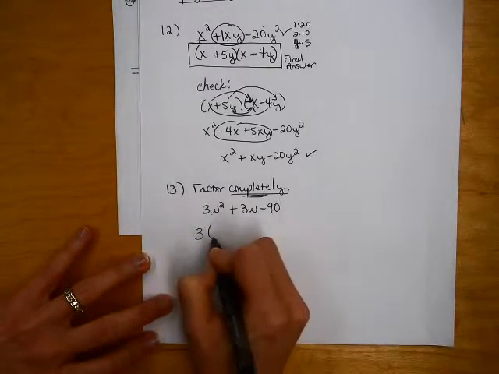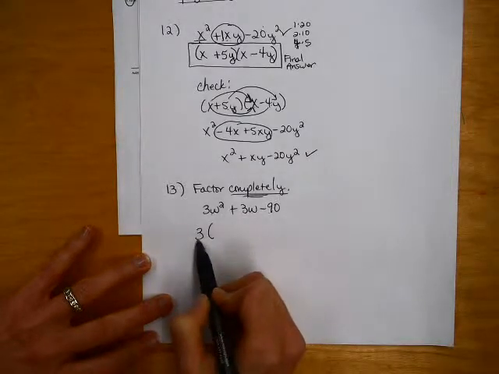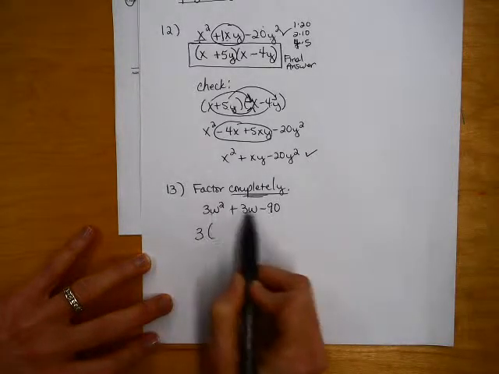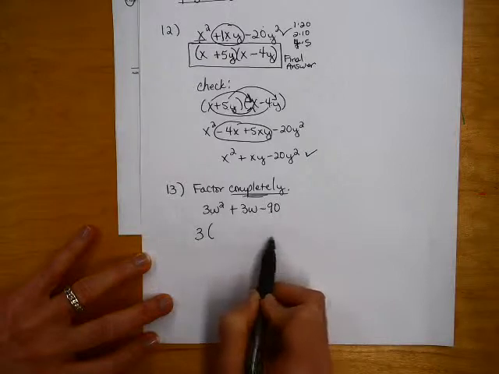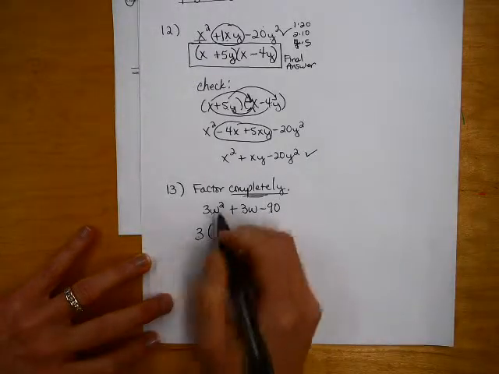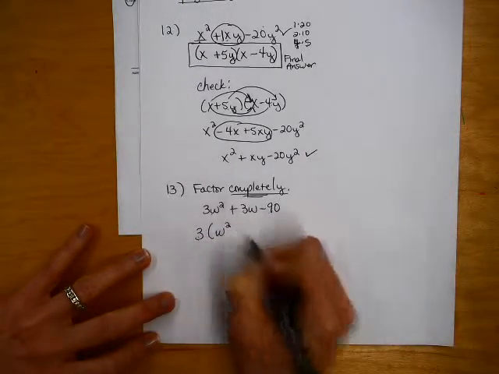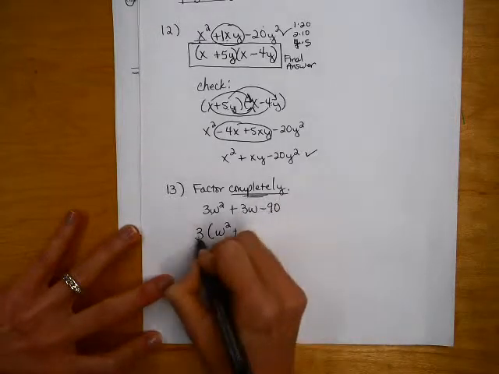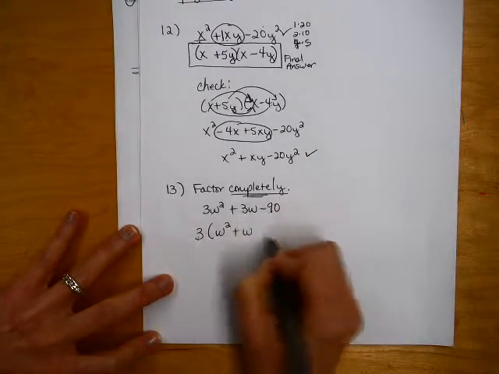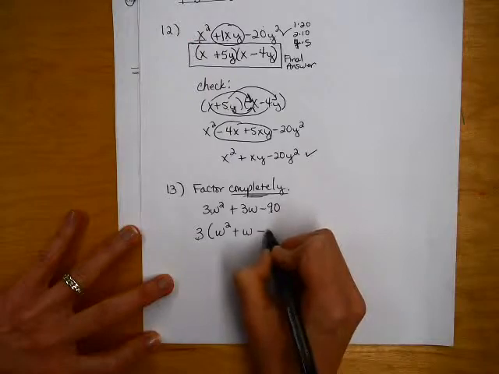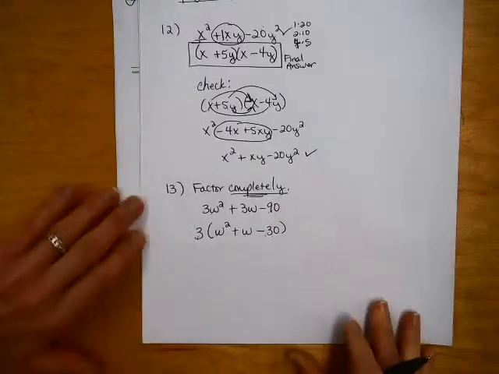So I'm going to start there. And again, when you're factoring out a GCF, if I have 3 terms here, then I must have 3 terms in here. So 3 times w squared would give me 3w squared, plus 3 times w would give me 3w, minus 3 times 30 would give me 90.